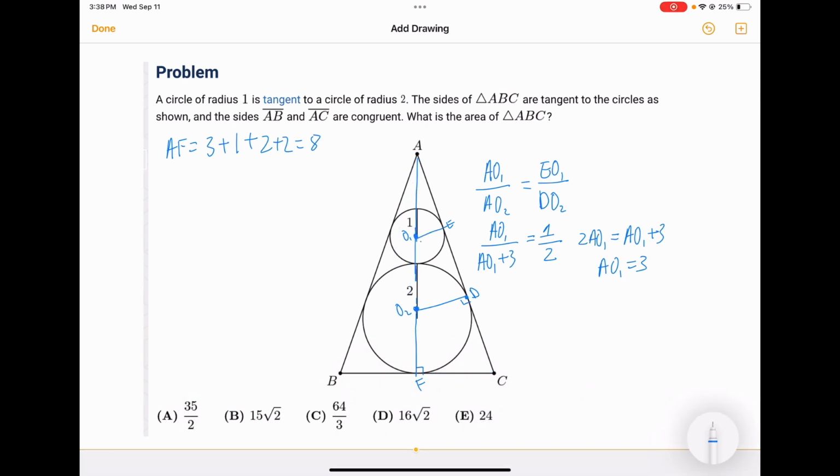Okay, so we see here that this is a right angle. For triangle AFC, the right angle lies at angle F, but for triangle AO1E, the right angle lies at angle E. So the proportions will only work if we do AE over AF. You can think of it like this: we need to flip triangle AEO1 over, which would look something like this.